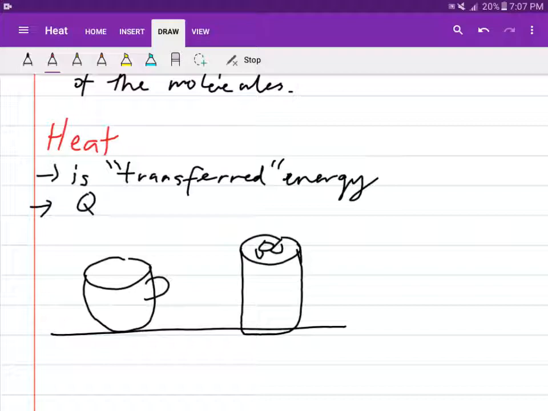Let's define the temperatures in this system. We have the temperature of the environment, the temperature of the coffee, which is hot, and the temperature of the iced tea, which is called TC.